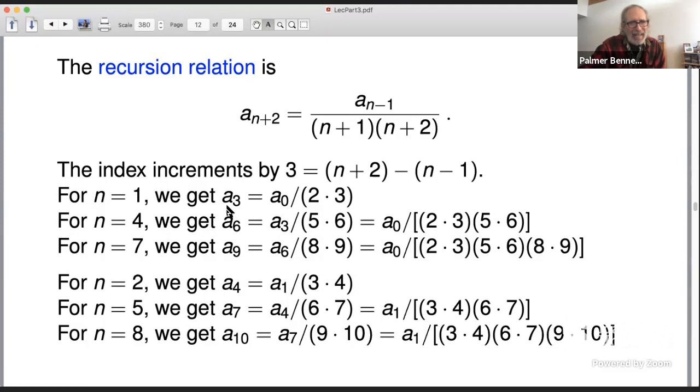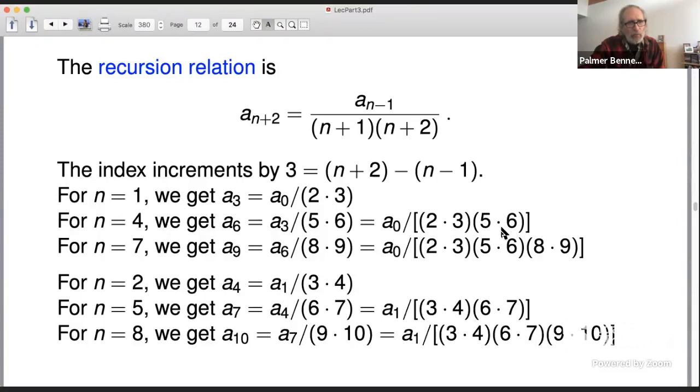But we know a3 is a naught over 2 times 3. So we can replace a3 here, and we'll get a naught over 2 times 3 times 5 times 6. And that's going to be the coefficient a6.